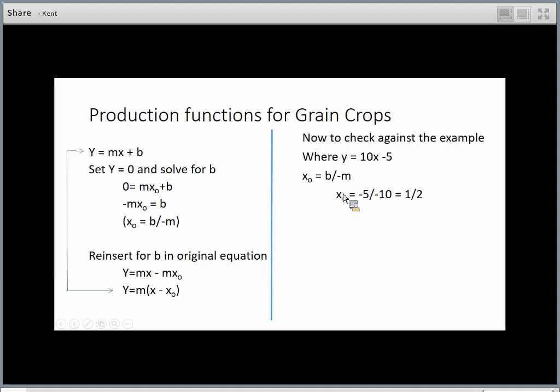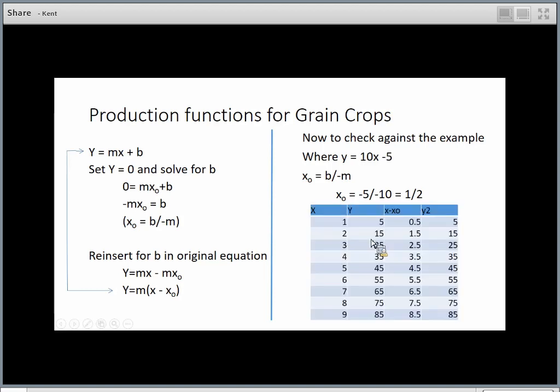And so in our case, b is the intercept minus 5 divided by a negative 10 gives you a plus 1/2. Put that back in the spreadsheet, so x and y, the same ones that we plotted earlier. You can make another column of x minus x sub 0. So x minus half is 0.5. So 1 minus half is 0.5. 2 minus a half is 1.5.